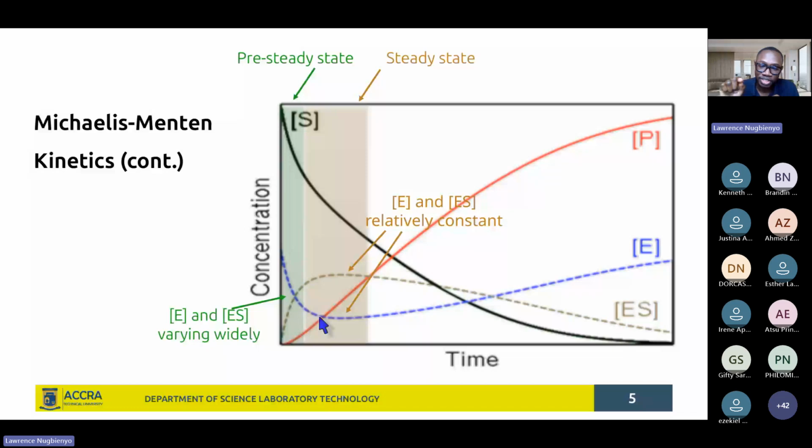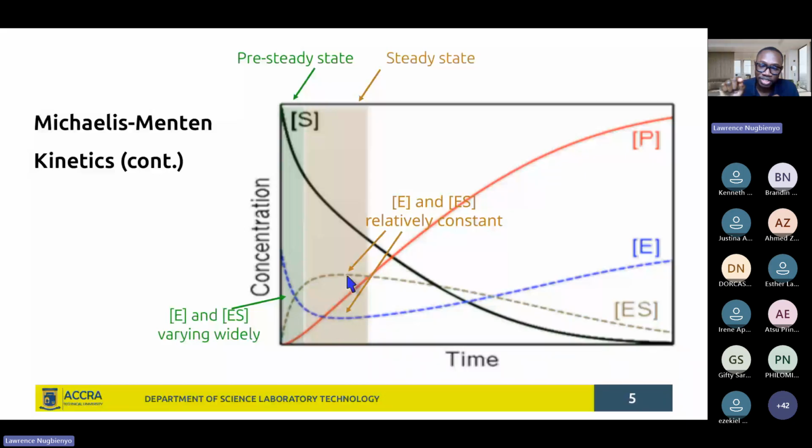It is in this region that you have the enzyme substrate complex concentration relatively constant, and the enzyme concentration also relatively constant.